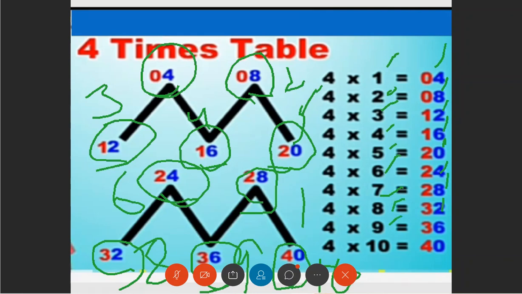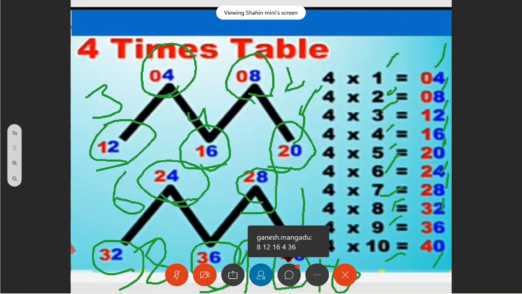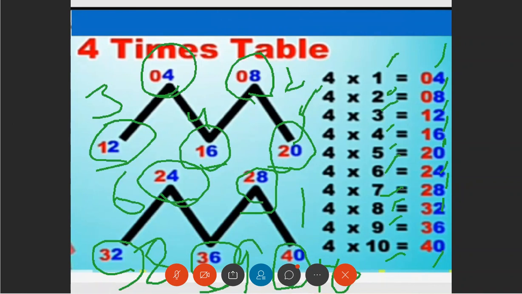And 4 tens are 40. Practice nicely. I hope you are going to practice the 4 table this week. Practice well.